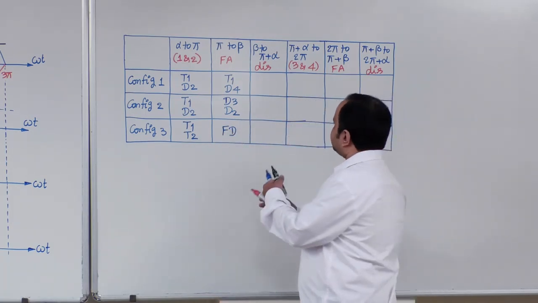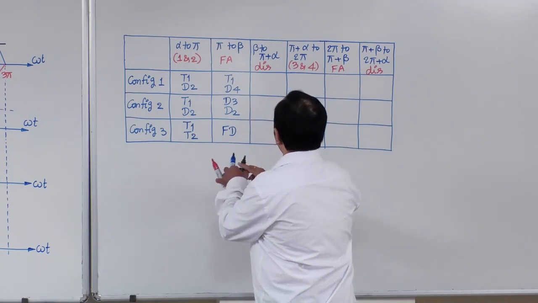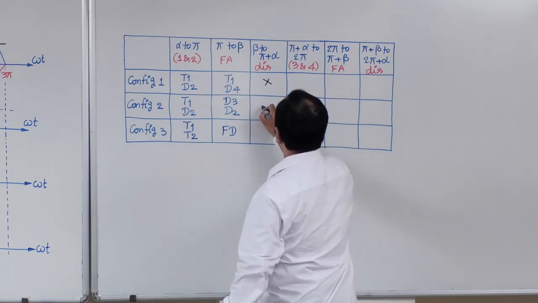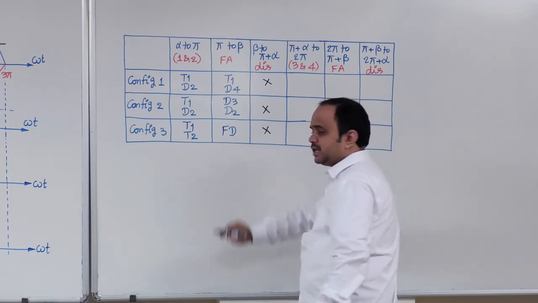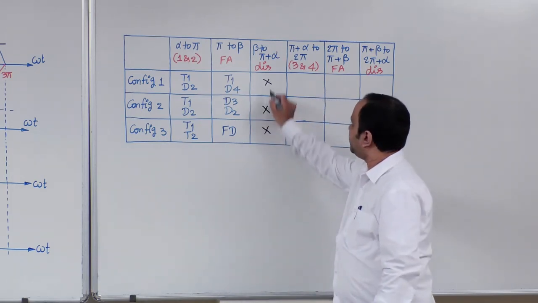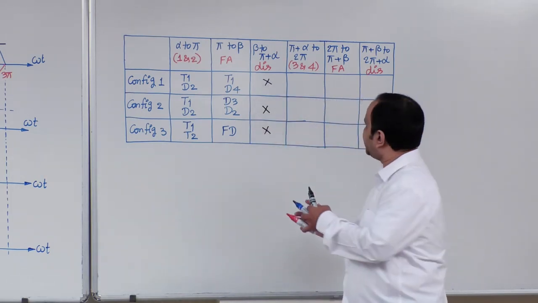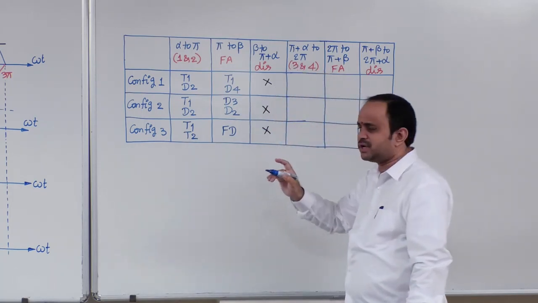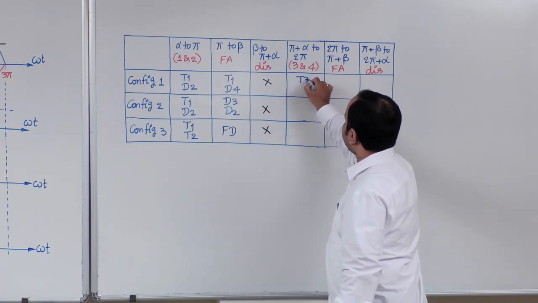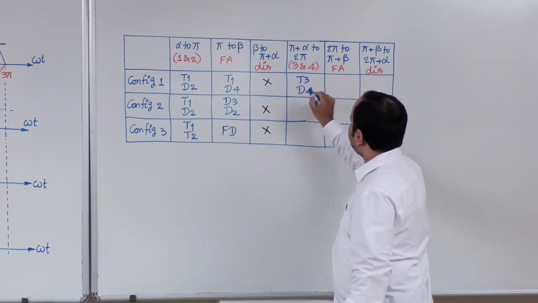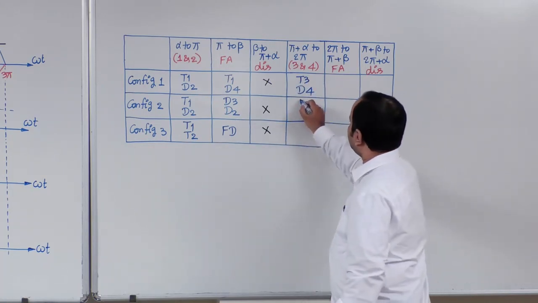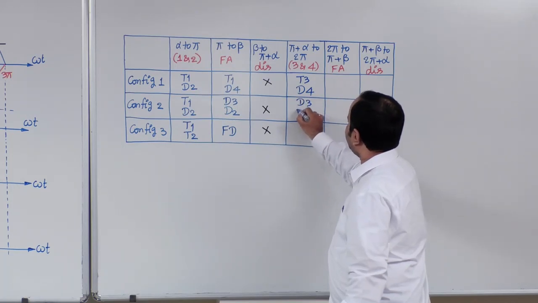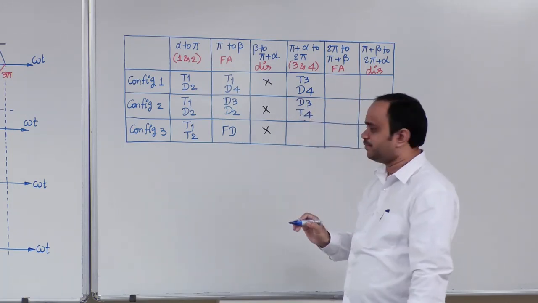Okay. Next, during discontinuous interval, no device can be in conduction. Therefore, simply put cross mark. Next, third and fourth position devices in the first configuration T3 and D4. In the second configuration D3 and T4.